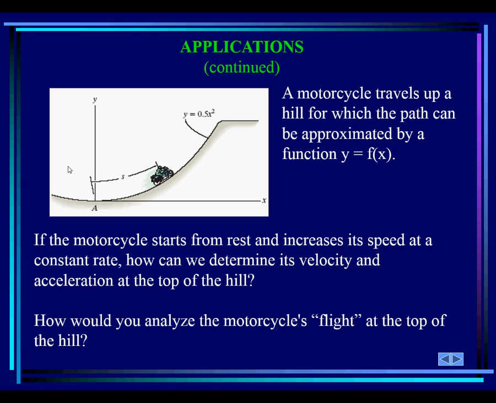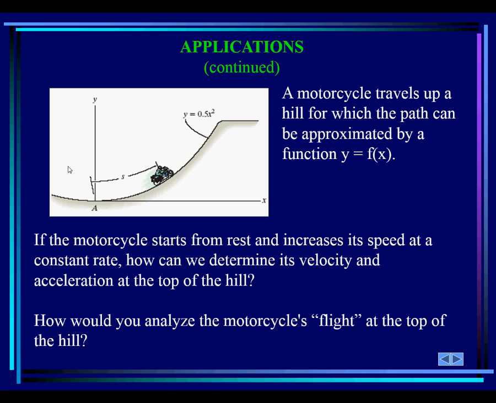So if it increases at a constant rate, can we determine its velocity and acceleration at the top of the hill? How would you analyze the motorcycle's flight at the top of the hill? You see, he's going to become airborne.